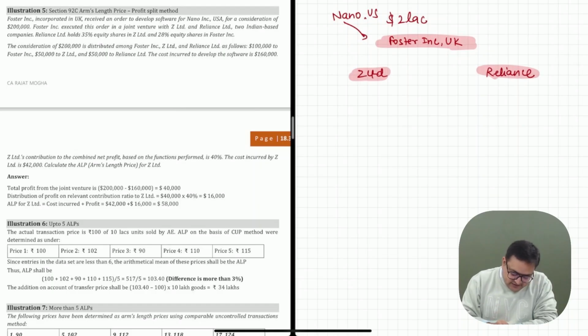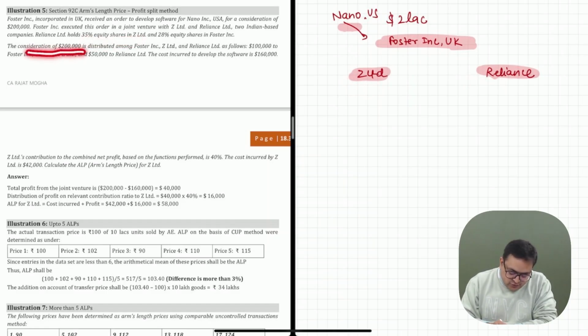Now, let me read it once again. Foster Incorporation received an order to develop a software for Nano. Nano has given them an order of $2 lakh. Foster executed this order as a joint venture with Z and Reliance, and we know these three are associated between themselves.